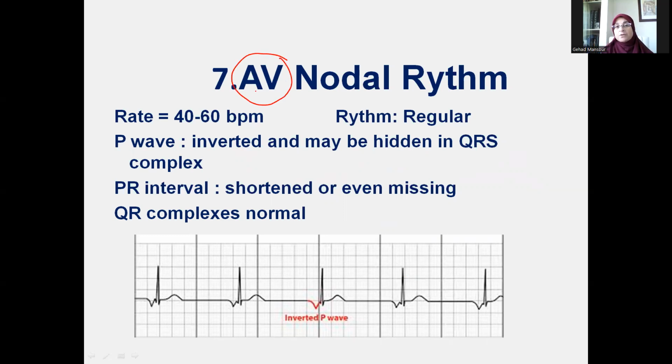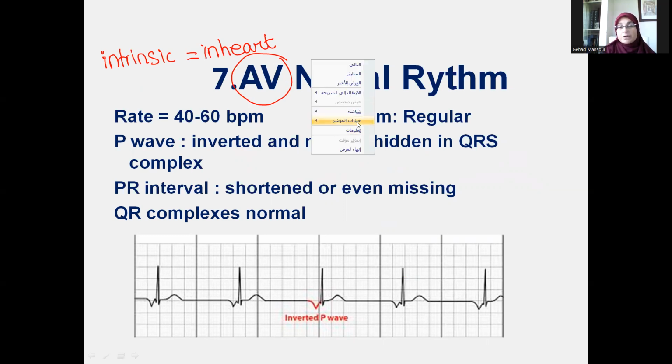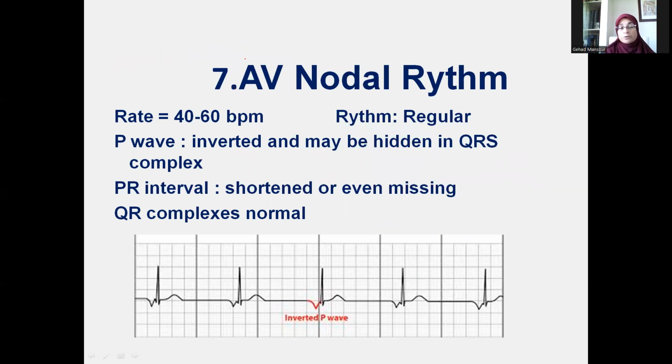And because the AV node has a lower intrinsic rate, and when we talk about an intrinsic rate, we mean its inherent rate, the rate that is not driven by the sinoatrial node.